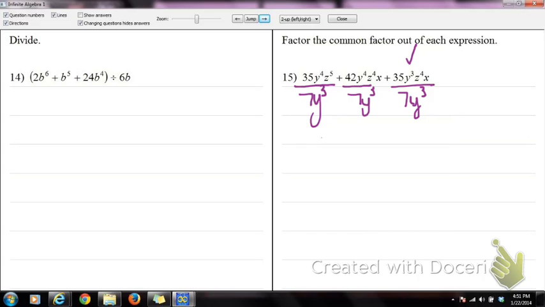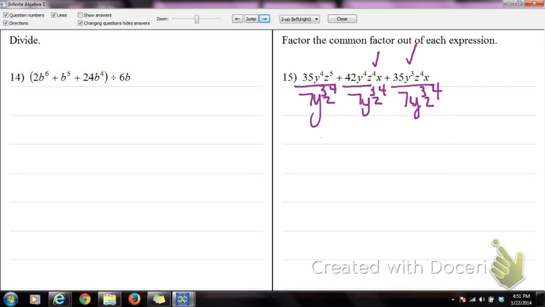All right, now looking at this, what's the biggest power of z that goes into all of them? We have z to the 5th, z to the 4th, and z to the 4th. So we have to go with the z to the 4th. It goes into all of them. Looking at these three, x goes into the last 2 parts, but not the first.